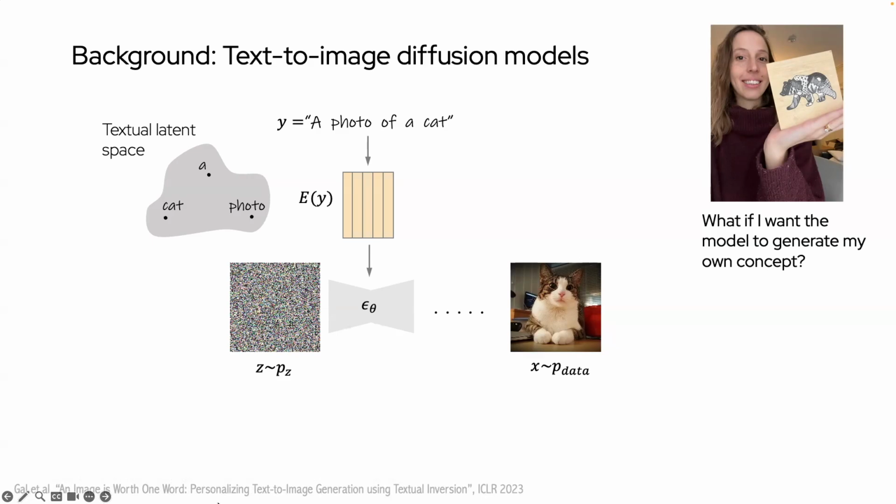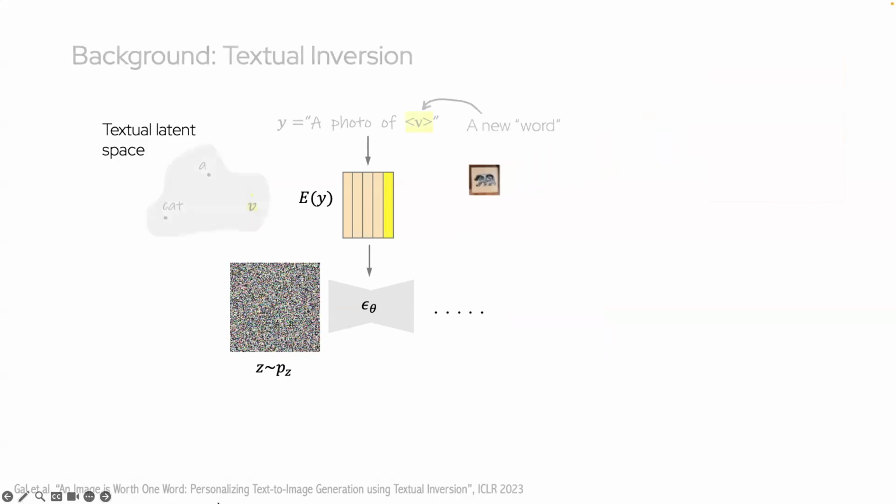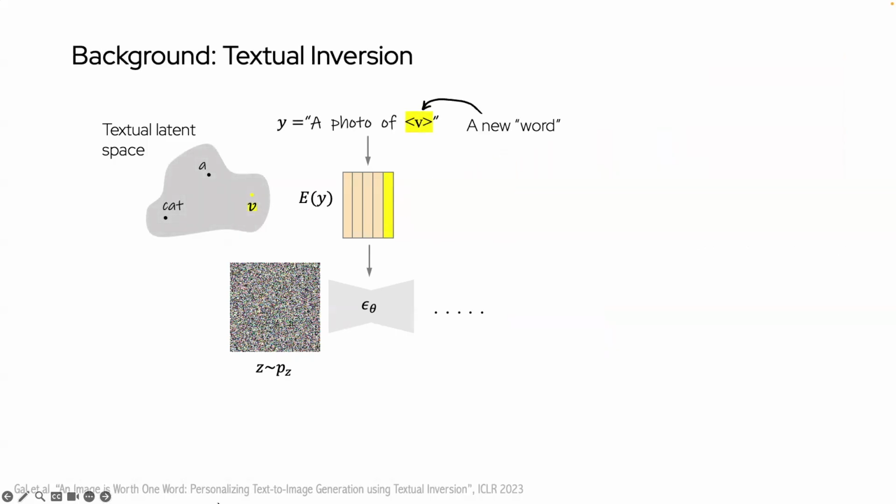And okay, so in fact, very smart researchers who are also my friends from Tel Aviv University showed that you can actually inject visual concepts represented as images into this textual latent space, such that now you have a vector that lies in this latent space that is linked to some new word, some new token, such that every time you condition generation on the sentence, without changing this network at all, this is completely frozen, the network will generate images of your own concept.